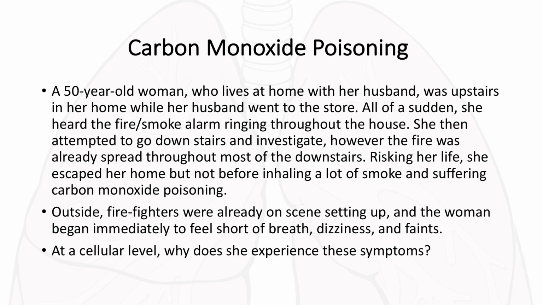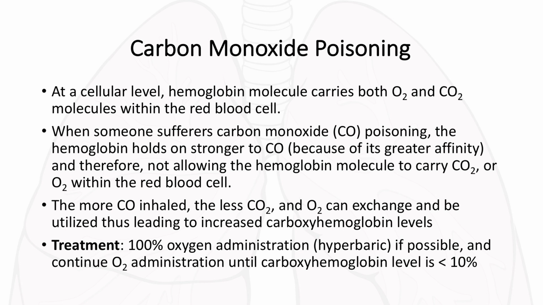Outside, firefighters were already on the scene setting up, and the woman begins to immediately feel short of breath, becomes dizzy, and faints. At a cellular level, why does she experience these symptoms? That's because your hemoglobin in your blood carries both oxygen and CO2 within the red blood cell. That's the binding site for those two gases. When someone suffers carbon monoxide poisoning, the hemoglobin holds on stronger to carbon monoxide.